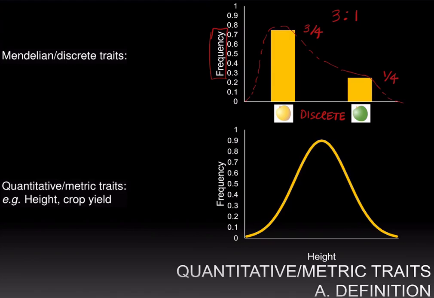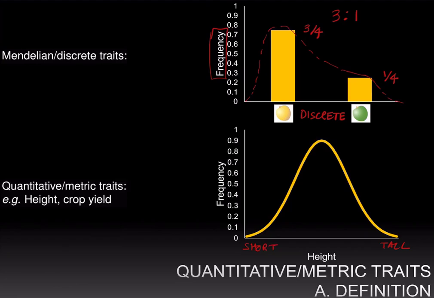There are many traits that do not behave in this manner, that do not behave as Mendelian traits do. For example, you do not find only tall human beings or short human beings.